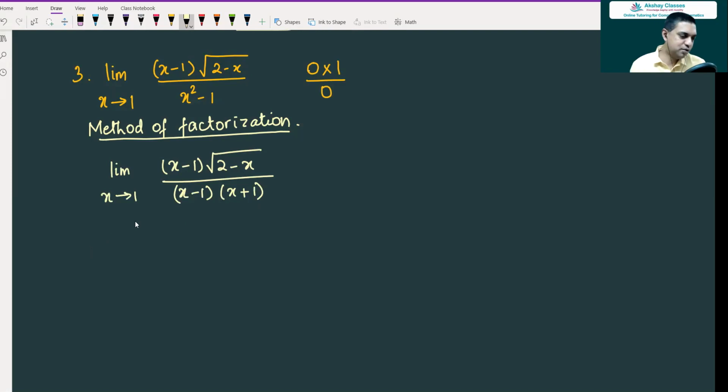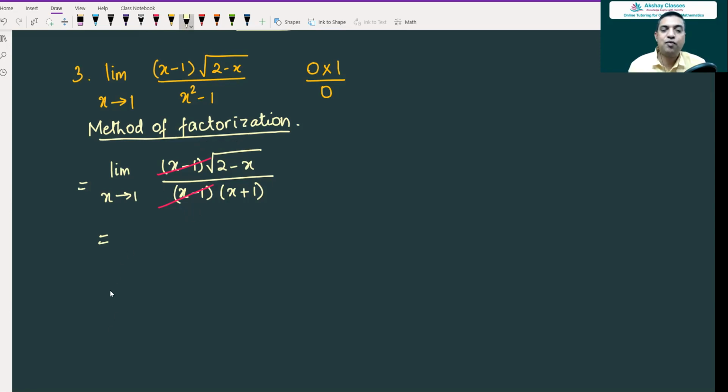A square minus b square is a minus b into a plus b. Now here x is tending to 1, x is not equal to 1. So this x minus 1 will be a value close to 0 but not exactly equal to 0. So we can cancel it off. It may be like 0.0001 or minus 0.0001, both will be equal.